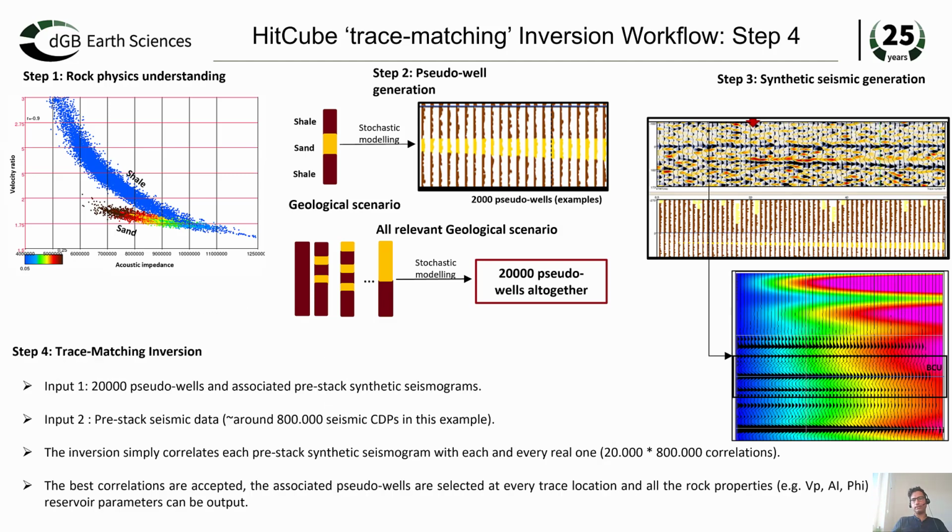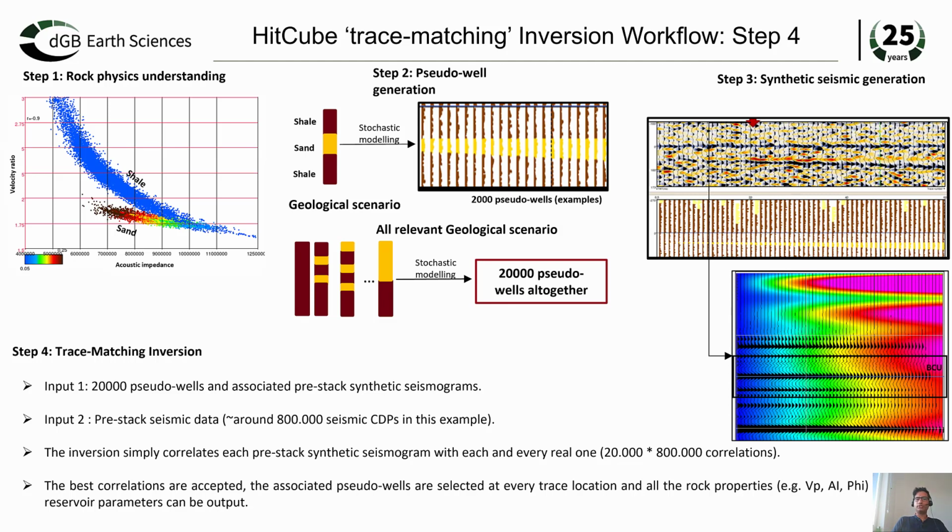The final step, number 4, is that of trace matching inversion, where we take as input the 20,000 pseudo-well models and their associated pre-stacked synthetic seismograms, as well as a nicely conditioned pre-stacked seismic gather data set.